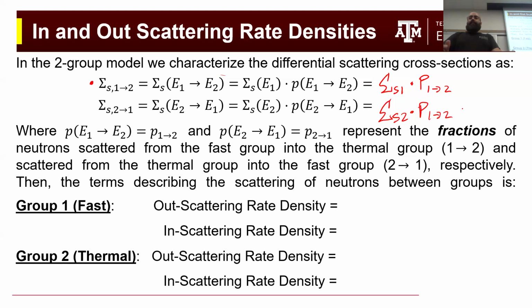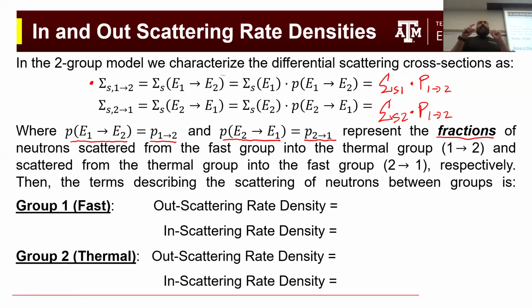I just want to be careful here because on the previous slide I was using a capital P, and that capital P is a probability density function. It has units of inverse energy. Here, when I use a lowercase p, this is just a fraction. This p from E1 to E2, or my p from 1 to 2, and the same thing with the p from E2 to E1, and the p from 2 to 1, are the fractions of neutrons that are going from one energy to another.